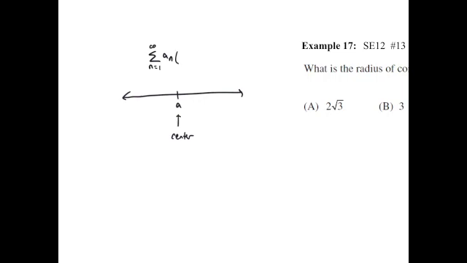But then you also have x minus a to the power of n, and x minus a notates what the center is. So the center would be a in terms of how the series is set up.